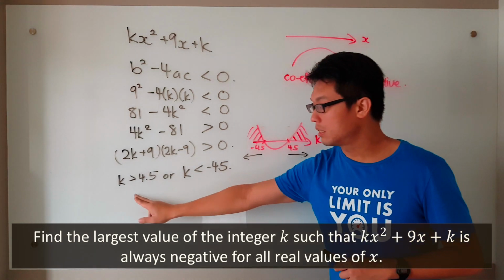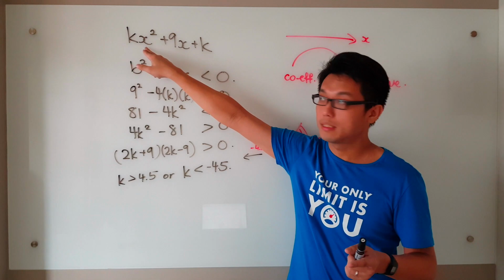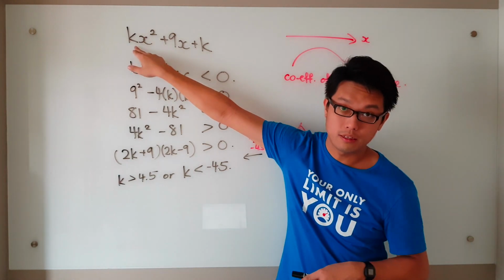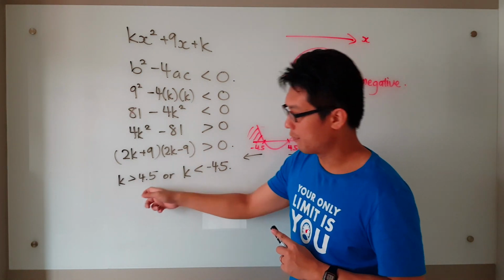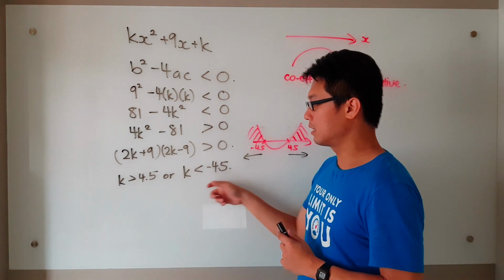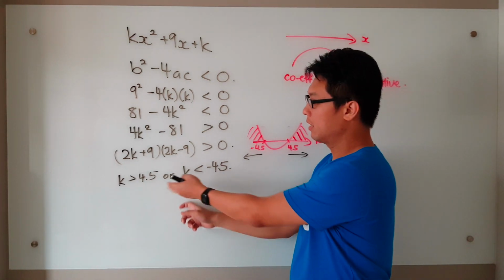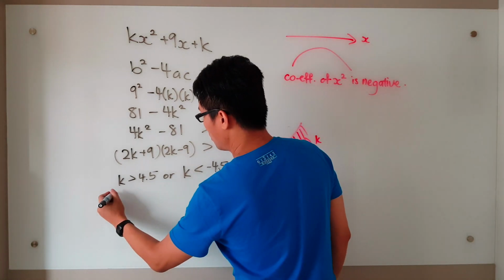Looking at this answer, we realize that this k has to be negative, not positive, which means we can't have this answer, we would have to reject it. Then that leaves us with this answer whereby k has to be a set of negative values.